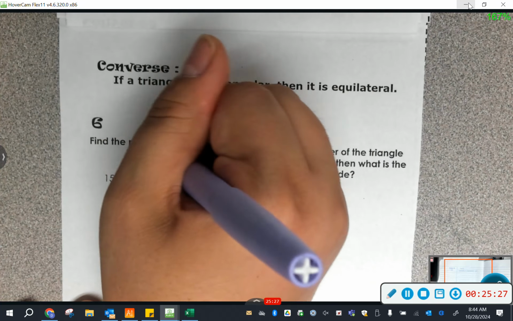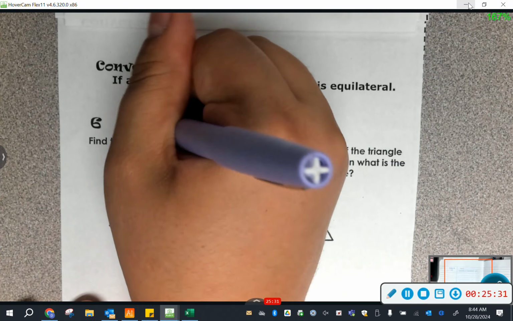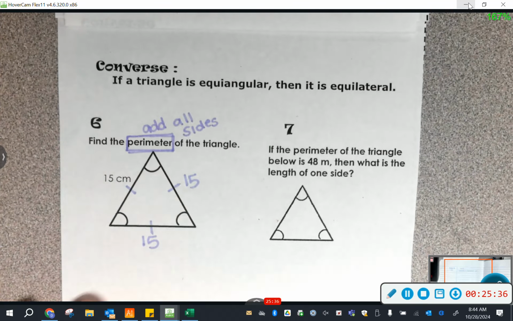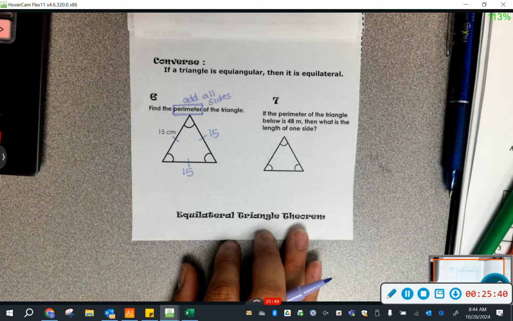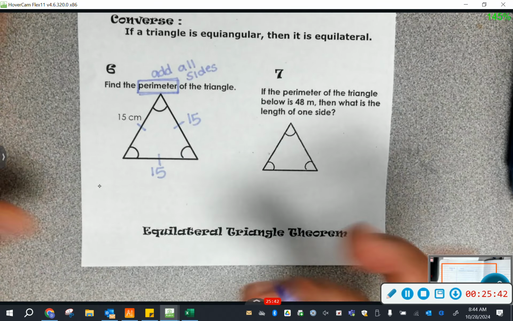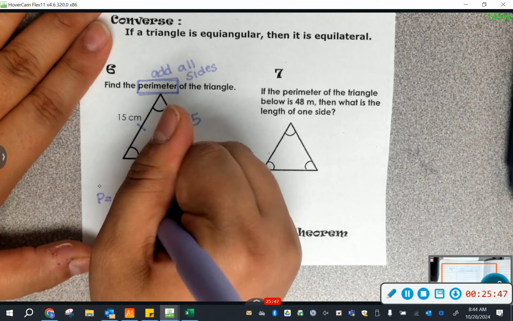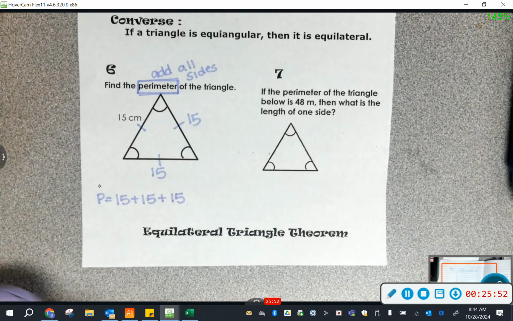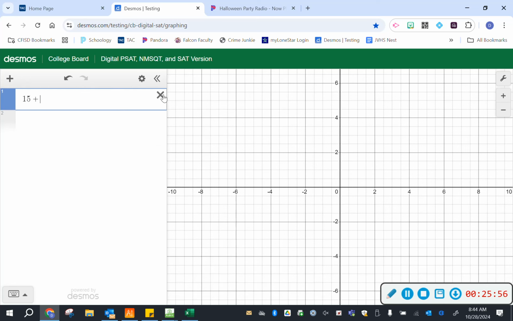How do I find perimeter? What does perimeter mean? Add all the sides. Write that down, please, just to remind yourself. Perimeter is adding all the sides. So perimeter would be 15 plus 15 plus 15, which is 45.